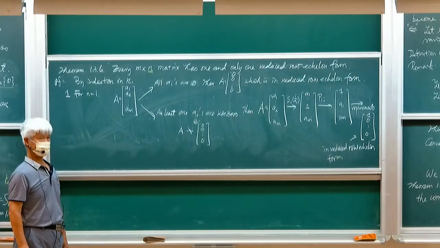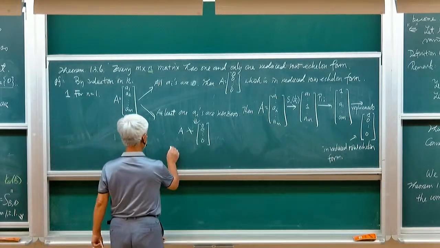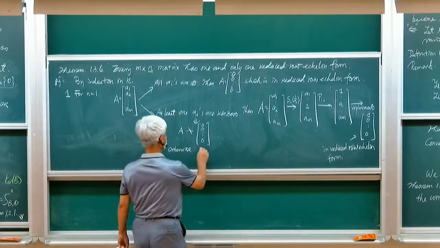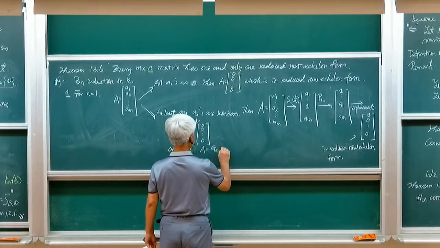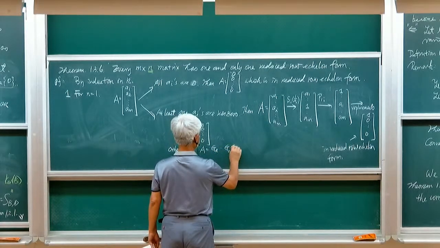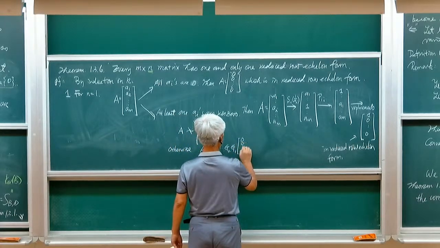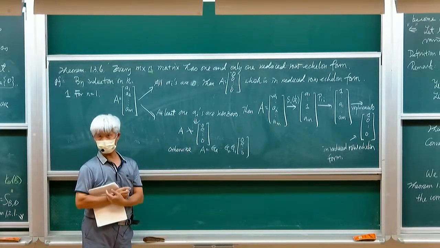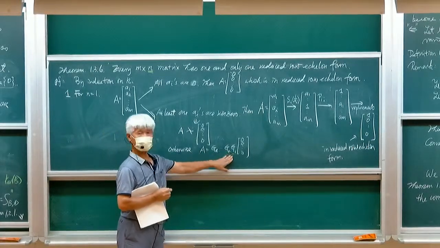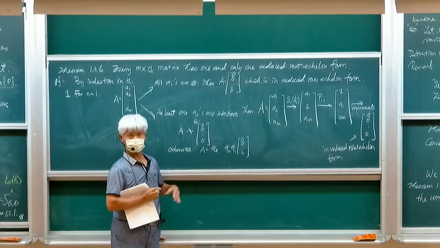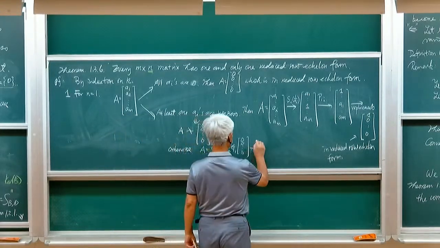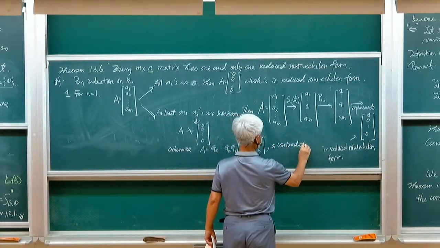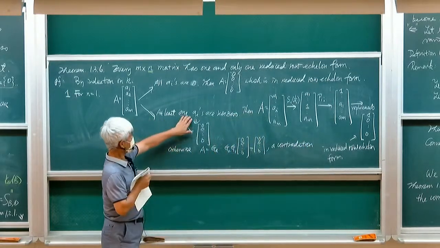Otherwise, if A and the zero vector are row equivalent, then A can be obtained by applying row operations to the zero vector, and this should be 0, a contradiction, because we said at least one a_i is non-zero.